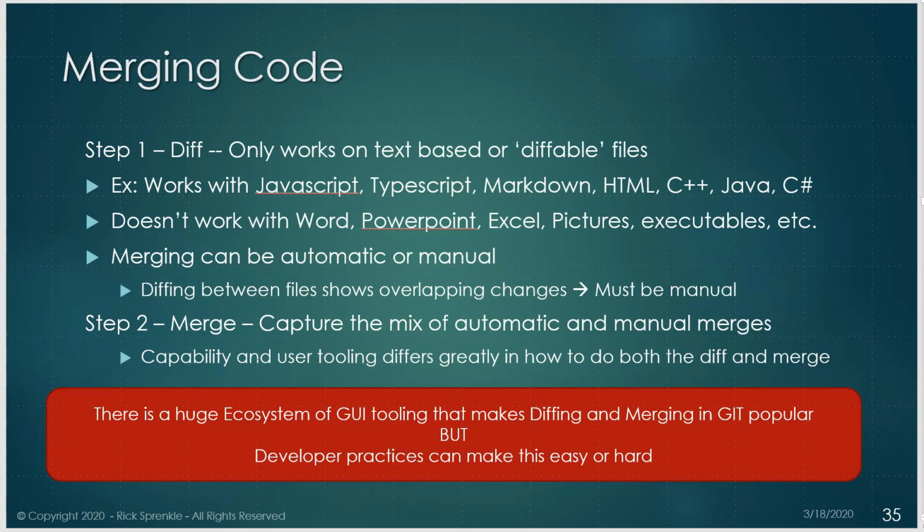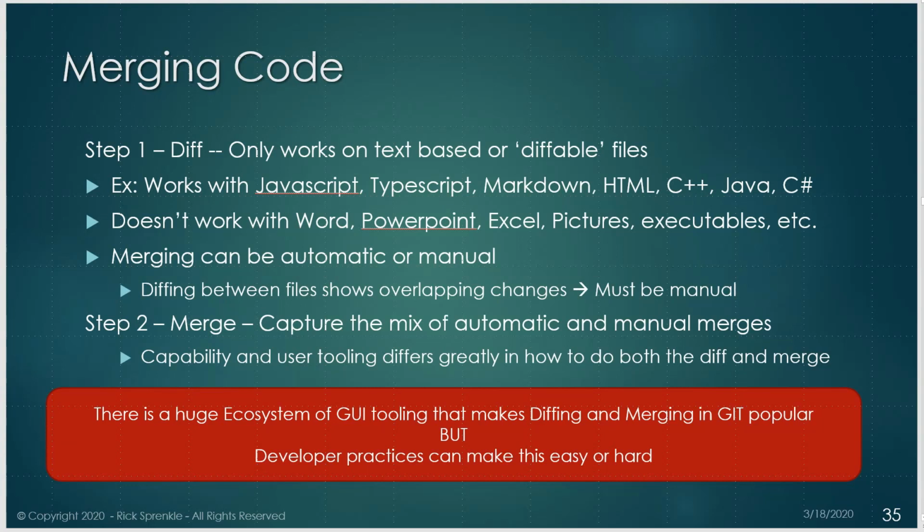But if both Alice and Bob worked on the same file and made changes in the same area, that could be harder to merge. In those cases, you're going to need some sort of manual procedure, and hopefully with a little bit of automated help to figure out how to bring changes from both Alice and Bob that were both working on that same one file together.